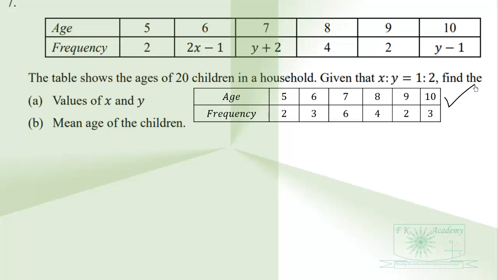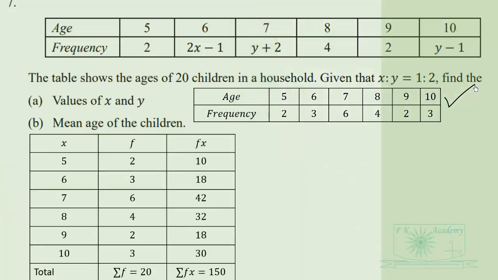We can quickly draw a table like this again to give us the frequencies and the fx. The total of the fx is 150. So we know how to get the fx: multiply this by this, this by this, and so on.